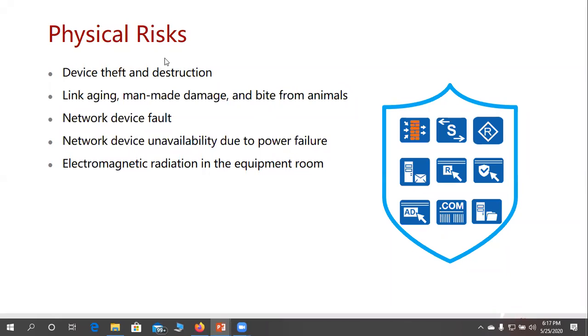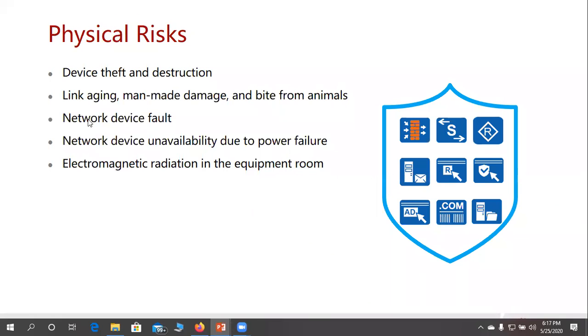Physical risks. Physical risks involve device theft and destruction. The devices that you have in your organization, laptops and so on, must be protected from theft and destruction.